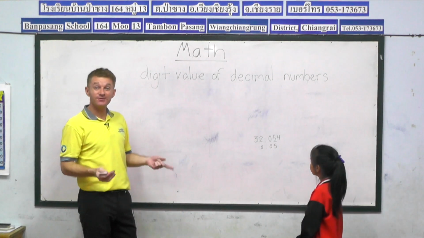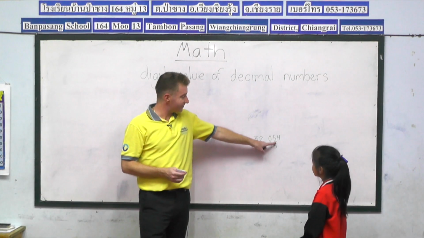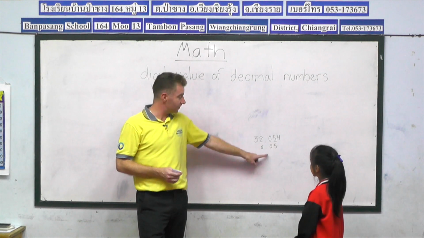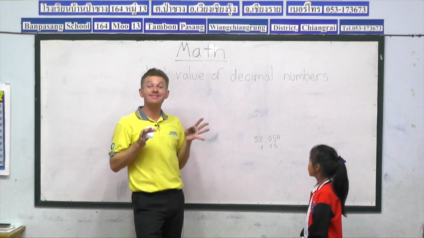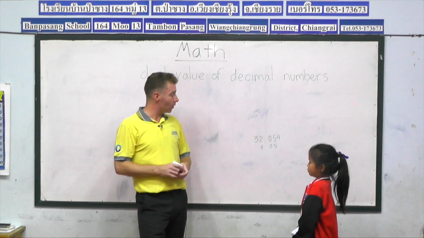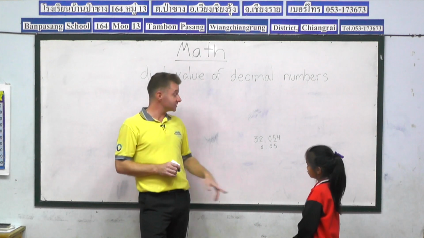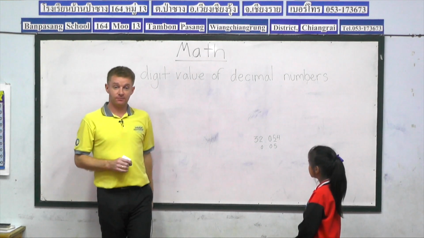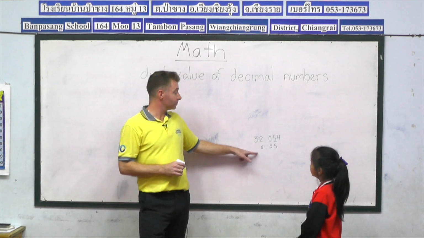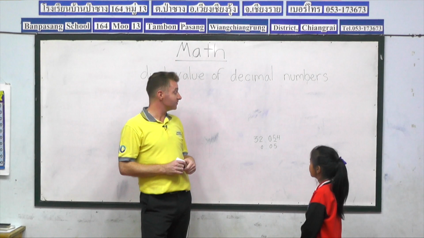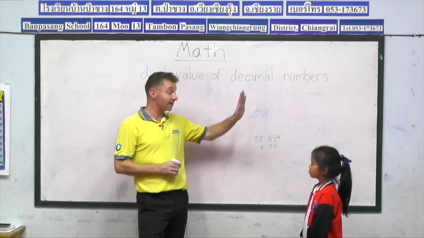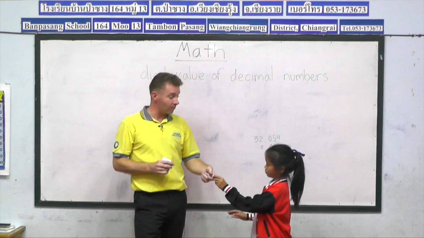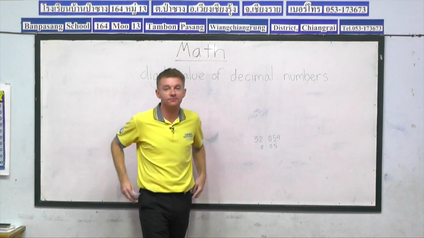Perfect. You see, what we've done is we've isolated the 5 that's underlined and we've brought down the digit value of that number only. So altogether, guys, 0.05. And that is the digit value of the 5 in this number. Prel, that was excellent. High five and a big round of applause for Prel, please, guys.